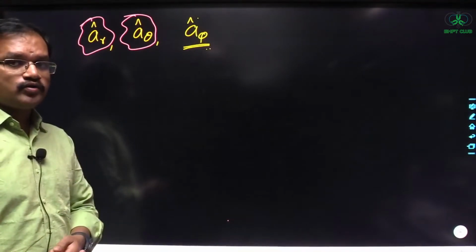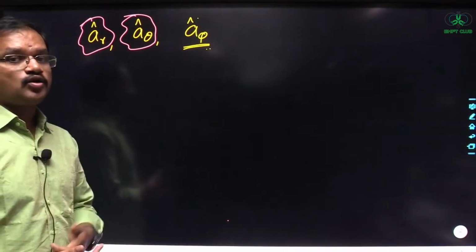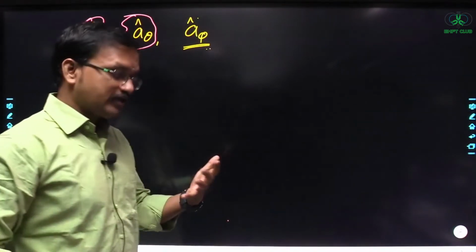So how to determine a_r cap and a_theta cap? I have already told you a trick to represent these unit vectors.